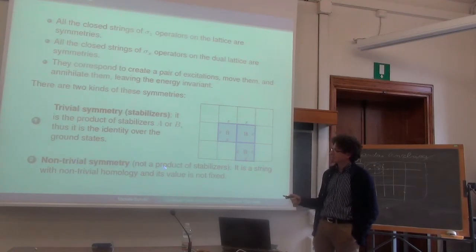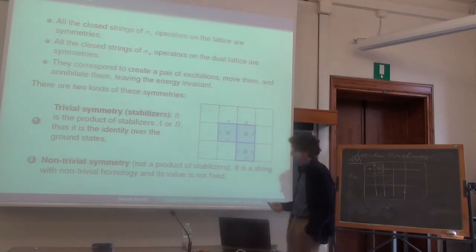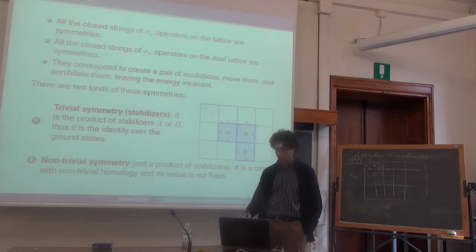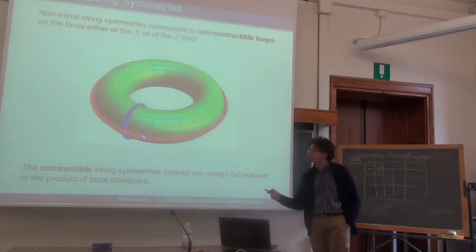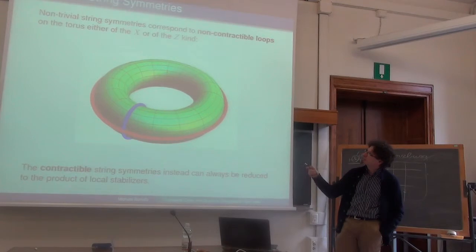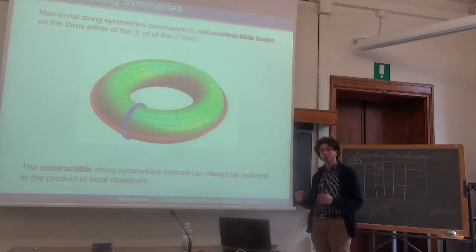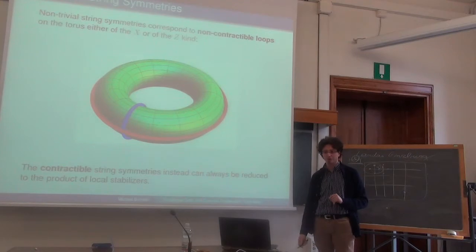But there are also non-trivial symmetries which appear when I am considering periodic boundary conditions, and these non-trivial symmetries essentially amount to creating a pair of quasi-particles and moving them around the system on non-trivial loops, loops that cannot be reduced to a point by applying the single plaquette or vertex operators.